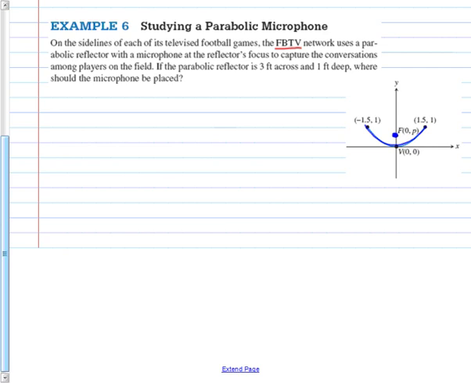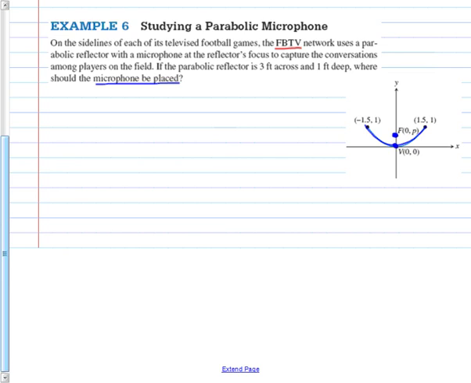All right, what do we use? Parabolic reflector with a microphone at the reflector's focus to capture the conversation among the players on the field. It says the parabolic reflector is 3 feet across and 1 foot deep. So we are trying to get where the microphone is going to be placed, so we want to get the equation that matches it. So we do the easiest one possible.